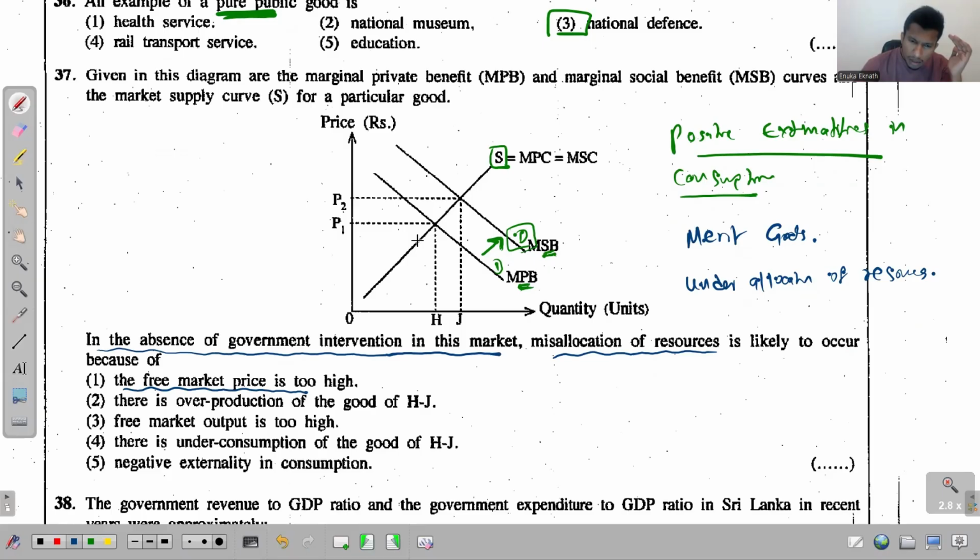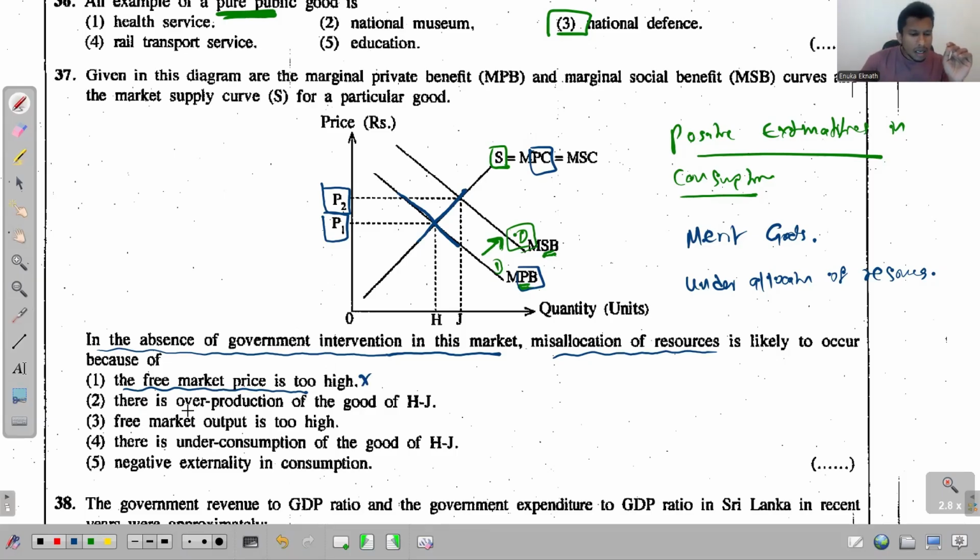The market price has to be the price that gets decided based on the supply curve and the demand curve that are based on private benefits and private costs. So this has to be the market price and this has to be the socially optimum price. The market price is actually lower than the socially optimum price, right? So this is not true then.